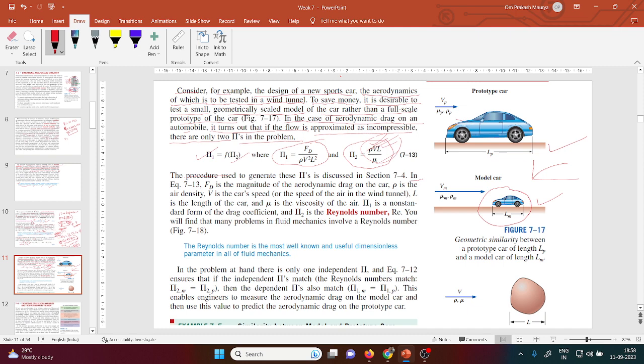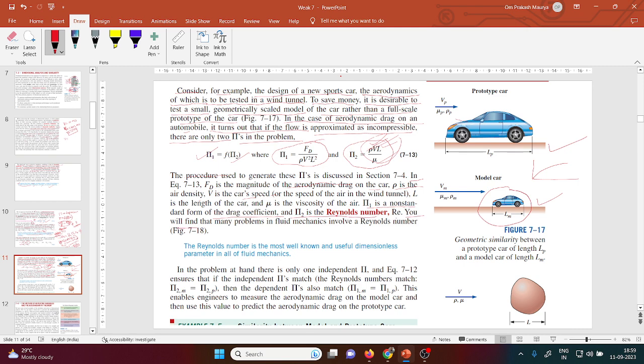In equation 7.13, Fd is the magnitude of the aerodynamic drag, that is how much drag is acting on the car, rho is the air density, v is the car speed, L is the length of the car and mu is the viscosity of air. Pi 1 is a non-standard form of the drag coefficient and pi 2 is the Reynolds number Re.